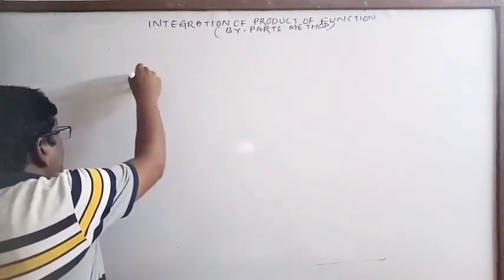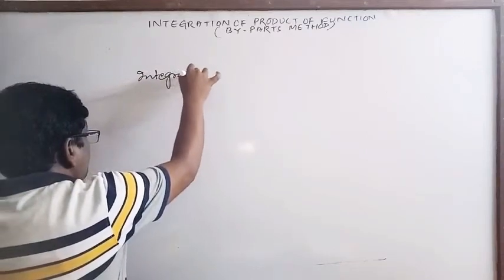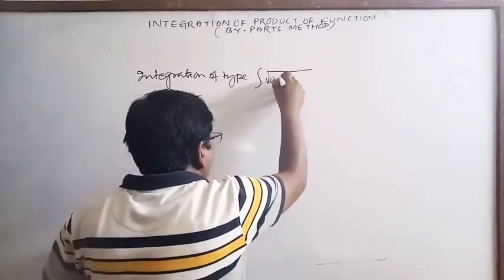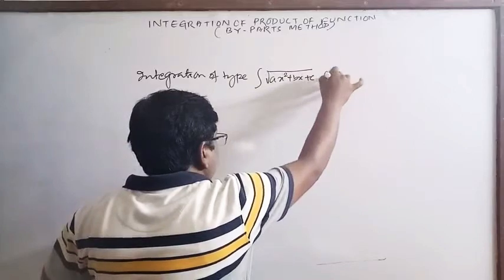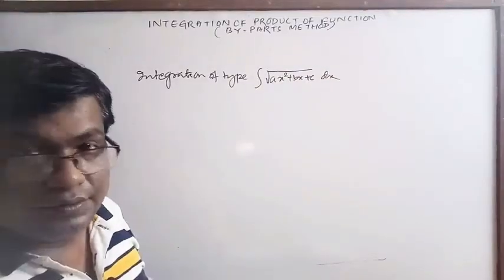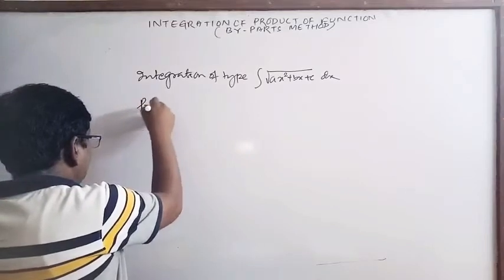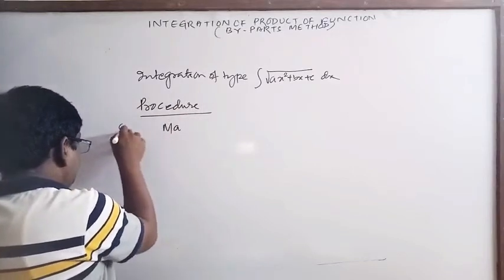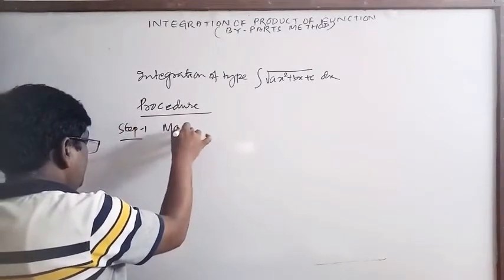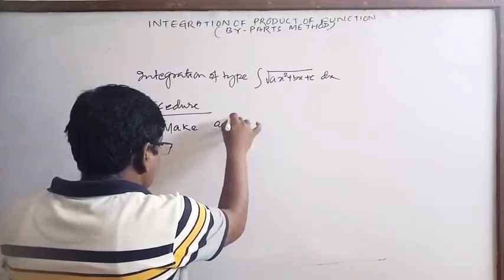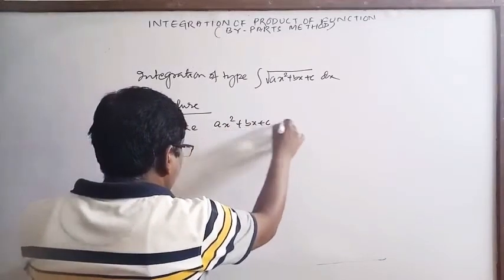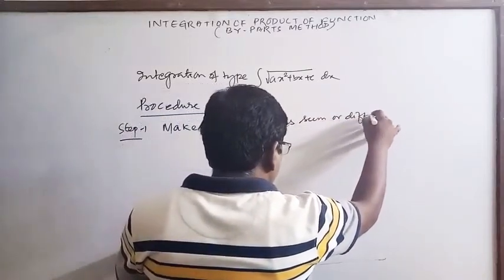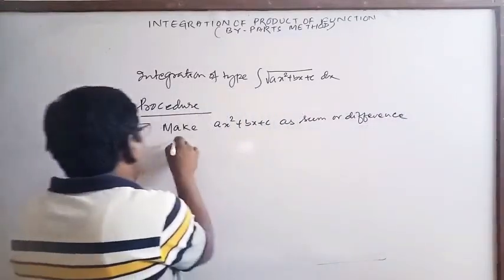Okay, now another type of question. Integration of type root over ax square plus bx plus c dx. Procedure: step 1, make ax square plus bx plus c as a sum or difference of two squares.